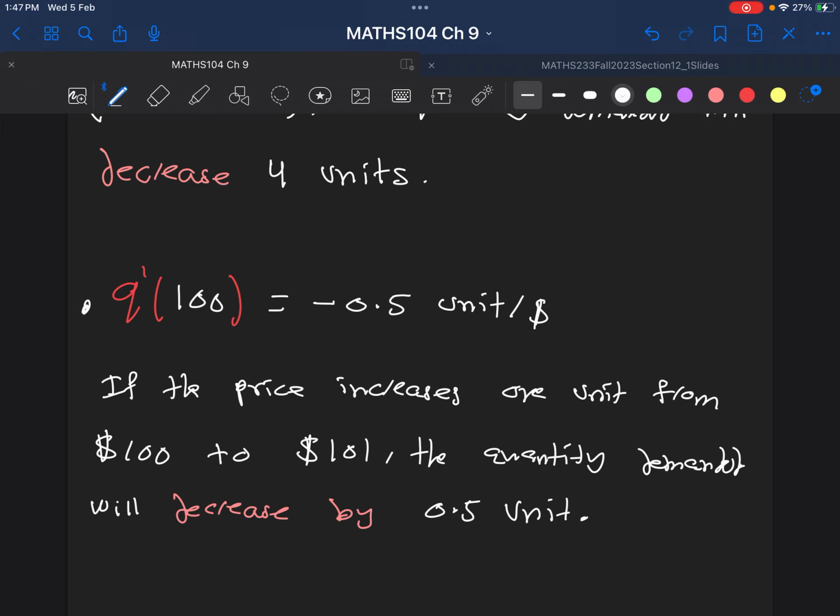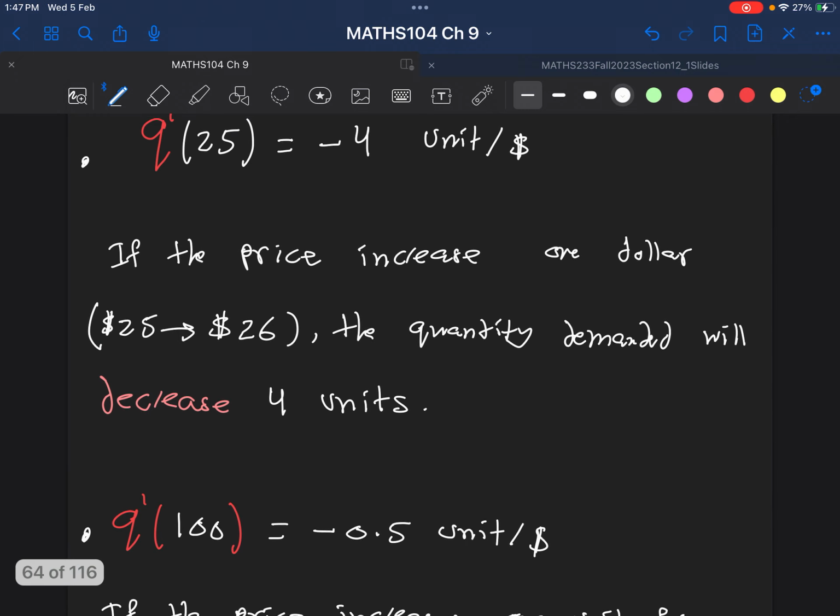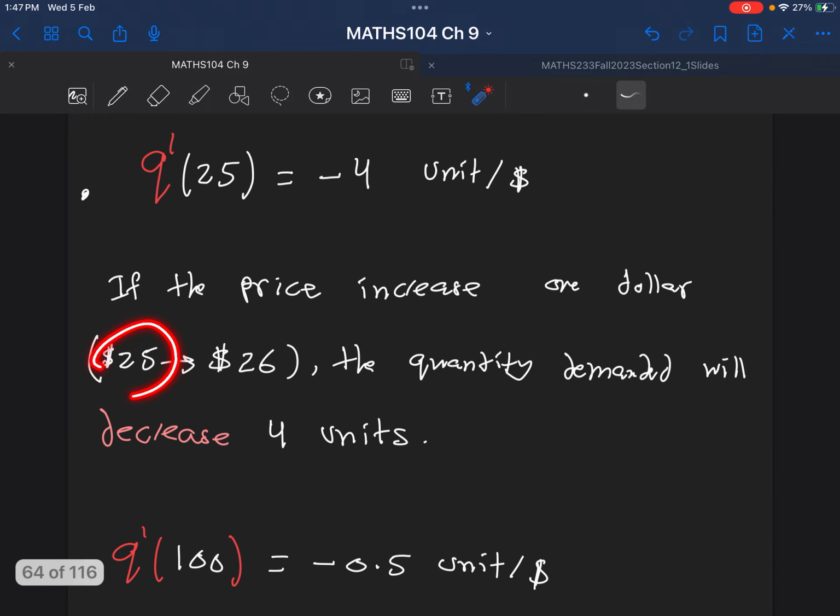Why? Because if you have a product which you sell for $100, if you add only $1, that is not that much of a huge inflation. It's just $1. So the people might not like it that much, but it will not affect your sales dramatically.